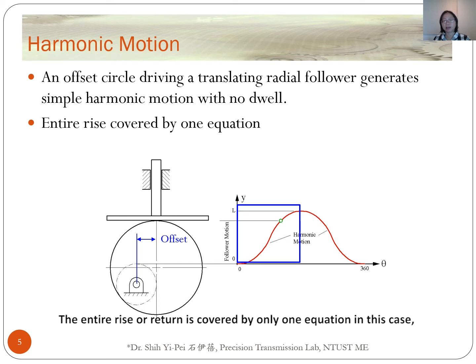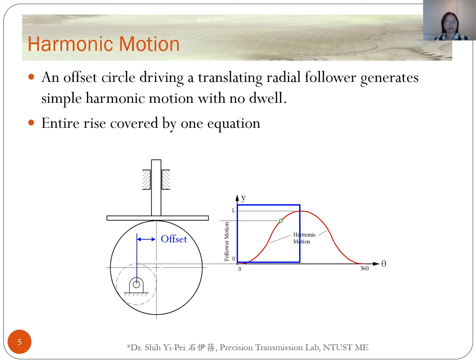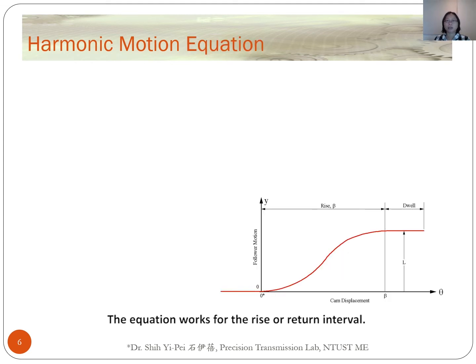The entire rise or return is covered by only one equation in this case, so it's quite convenient to use. The equation works for the rise or return interval. We will look only at the rise interval here.